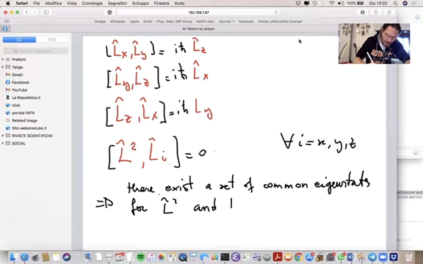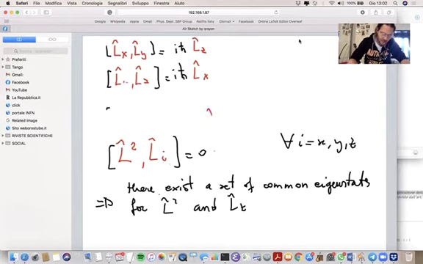Or you may choose any other component, but just one of the orbital angular momentum. You can choose X or Y, but you have to pick one. You cannot find a common set of eigenstates of L squared and more than just one component of the orbital angular momentum. So this finding leads to the next question. Before we go to the next question, actually, let me just write it.